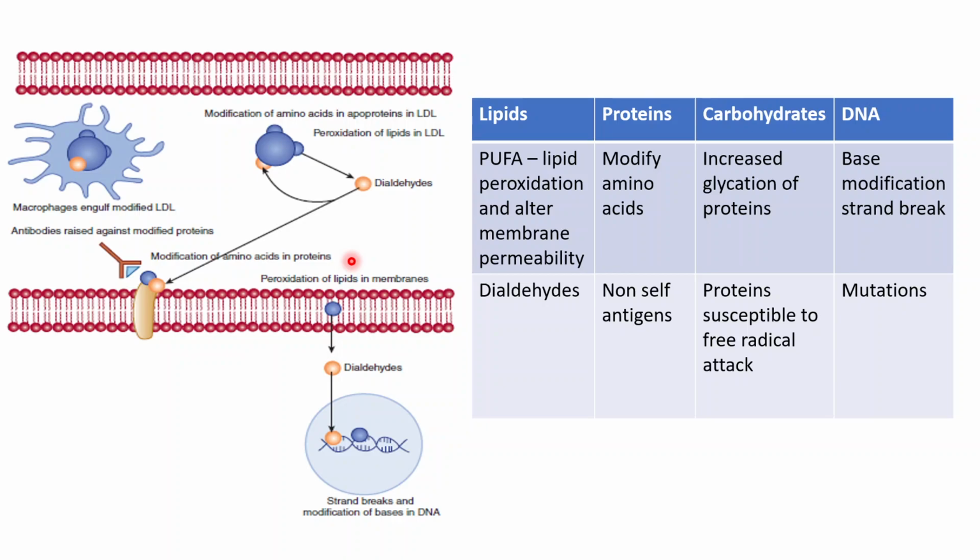So the free radicals cause glycation of proteins and ultimately they become susceptible to free radical damage again. It can also affect the DNA, causing breaks in the DNA strand or mutations. So these are the important target sites attacked by free radicals.